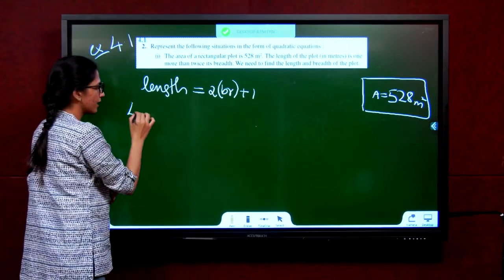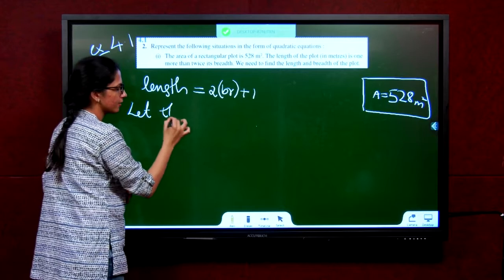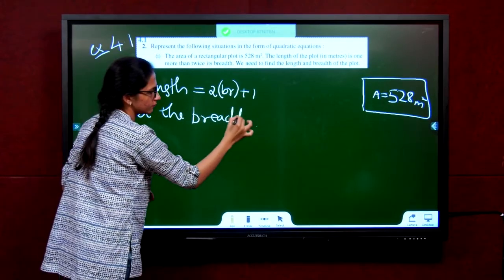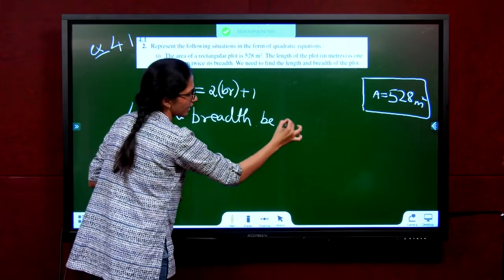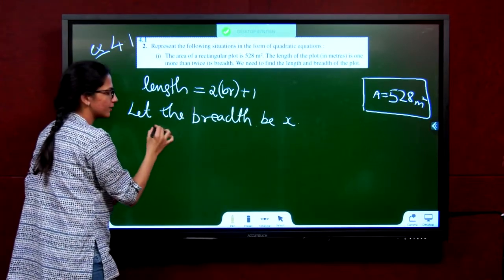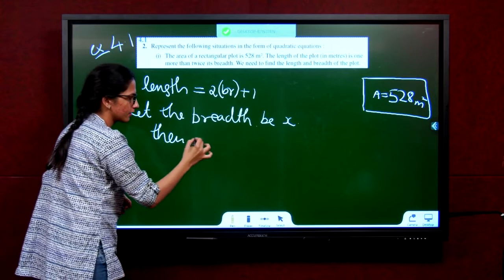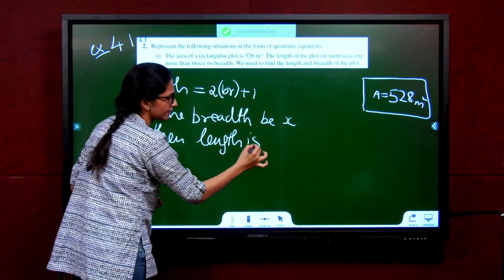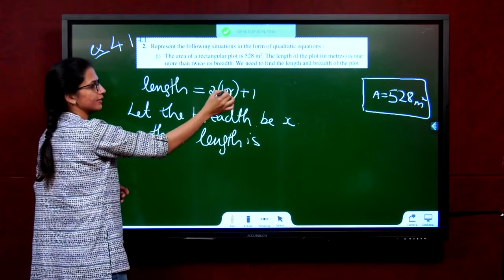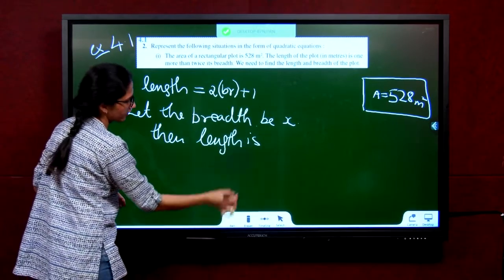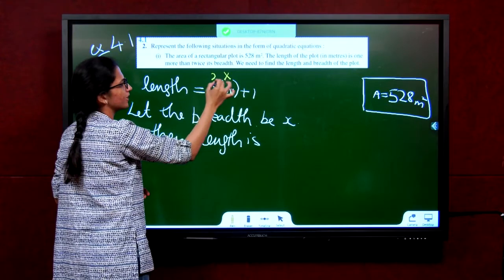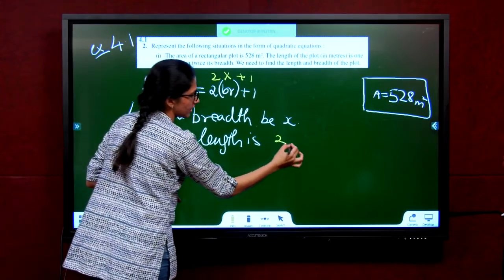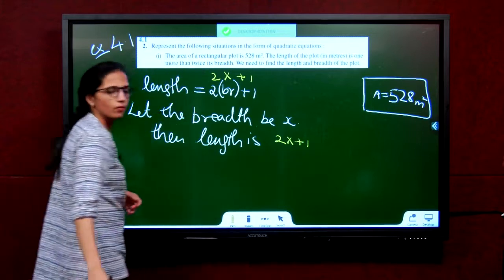You should write, let the breadth be x. Then what will be the length? If breadth is x, the length is 2x plus 1.